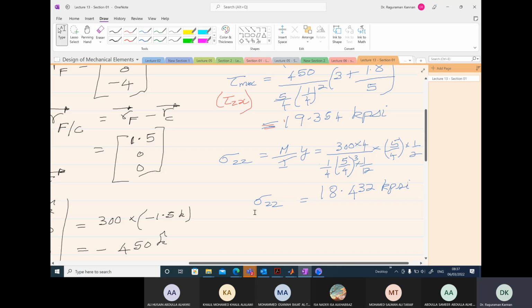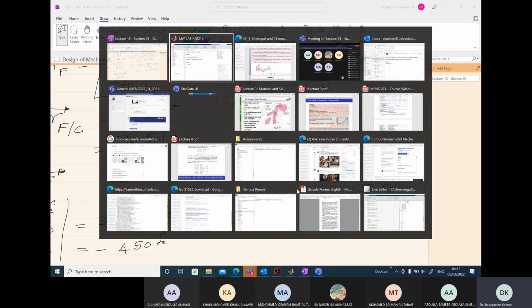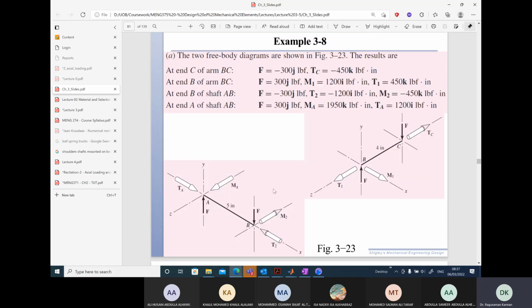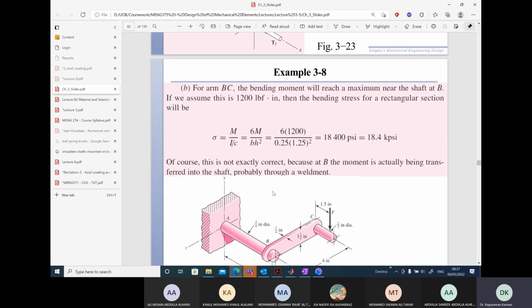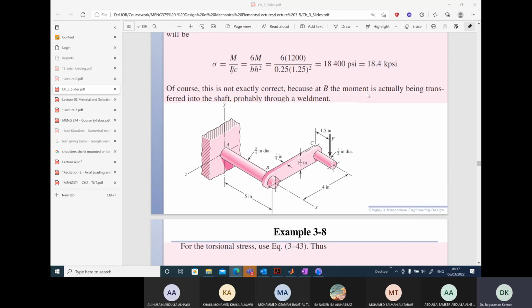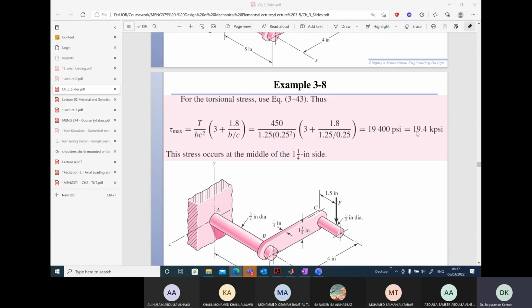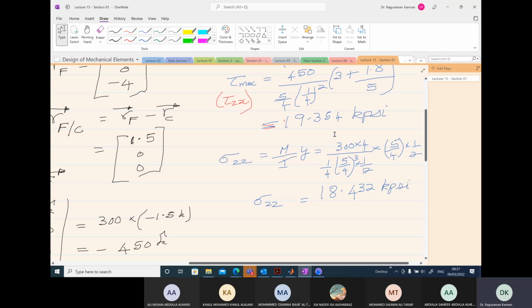So these are the stresses. Let's go back and see if our solutions are right. So 18.4 kpsi sigma and the tau value 19.4. So exactly what we get.